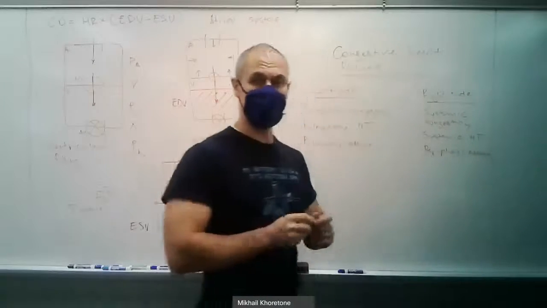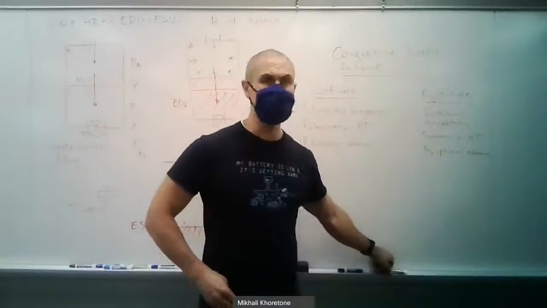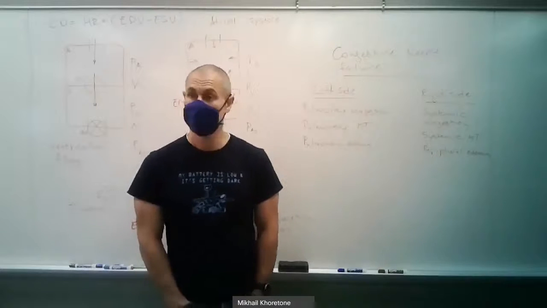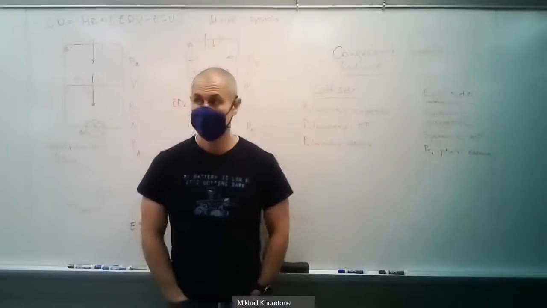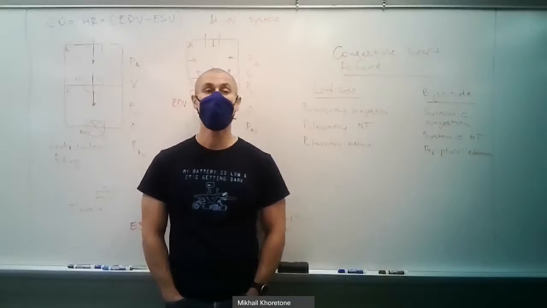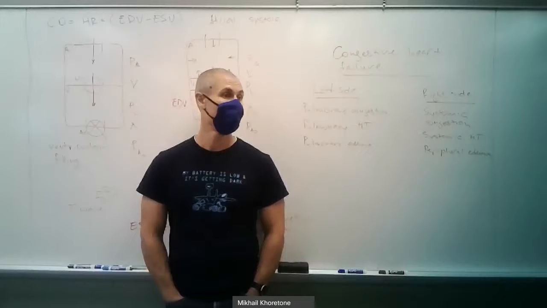There are going to be all kinds of problems like portal hypertension and liver failure. Okay. Now, that's a really far-fetched question, but which failure is more common? Left side or right side?